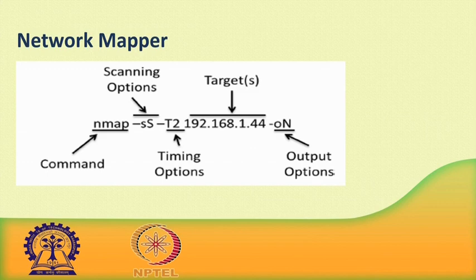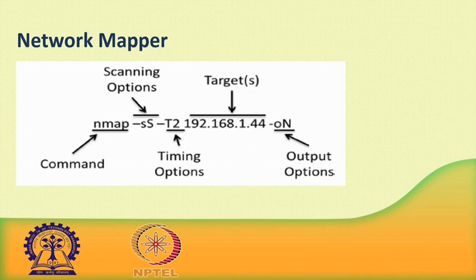Different timing templates are also there. T0, that is paranoid, T1 sneaky, T2 polite, T3 normal, T4 aggressive, and T5 insane. Nmap offers a simpler approach with 6 timing templates.